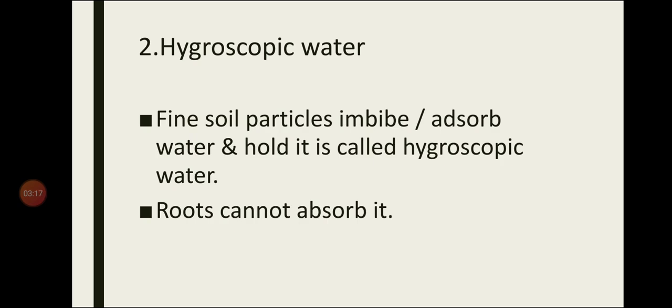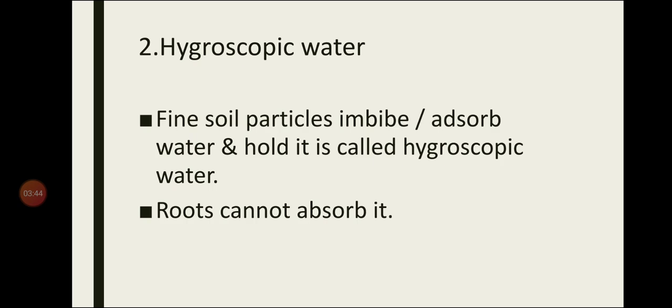Since it is held by the soil particles, it is not absorbed by the roots. Roots cannot absorb it. So hygroscopic water is also not available to the plants for absorption. What is happening here? Fine soil particles hold the water on their surface.